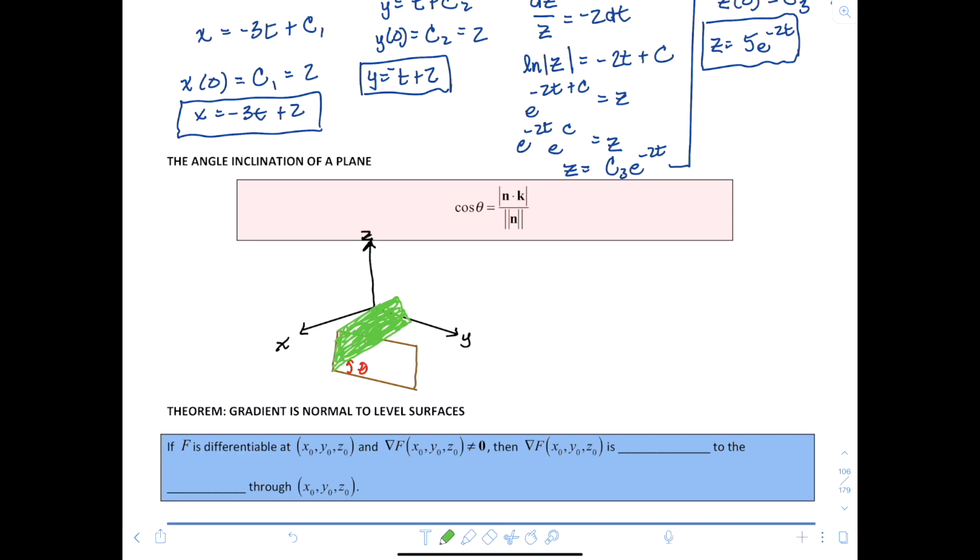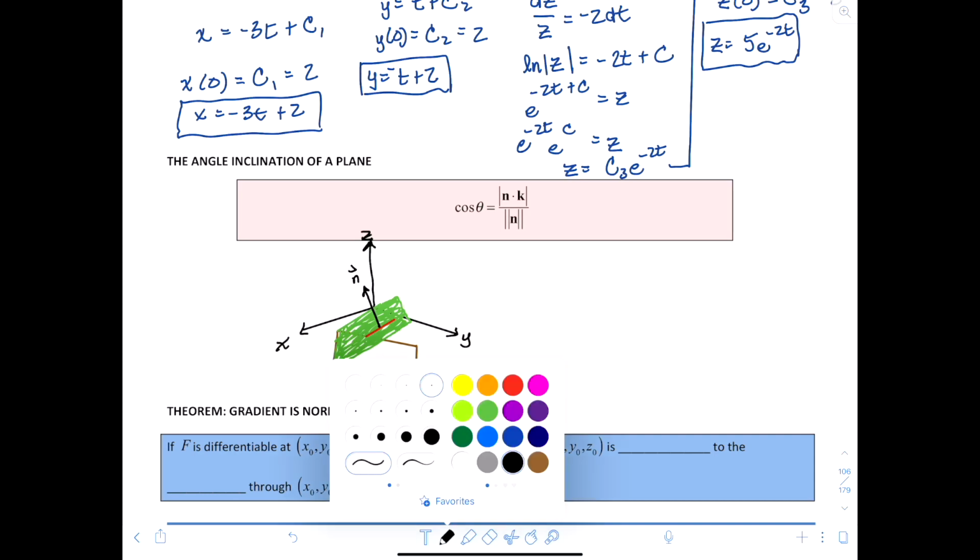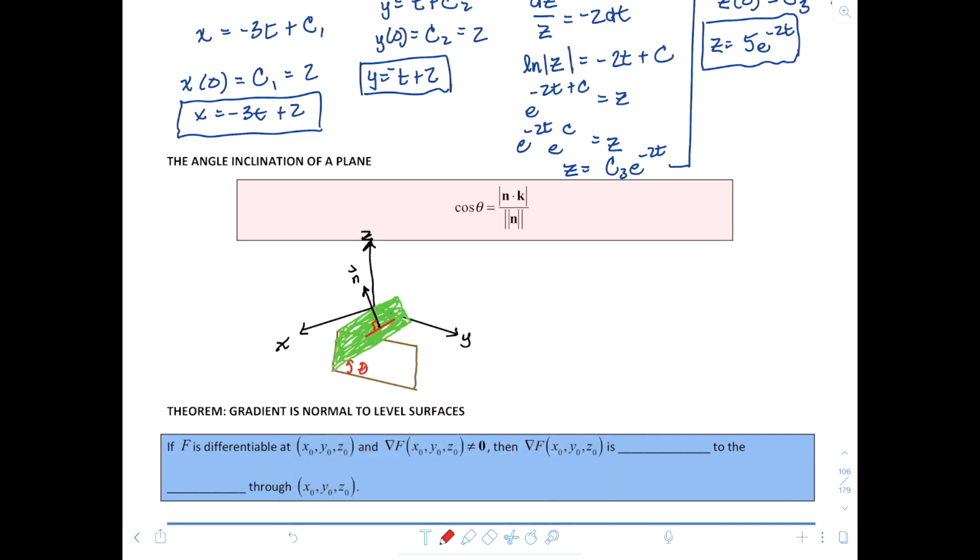And then what happens is you've got your normal vector to the plane, and that of course is at a right angle here to this plane.